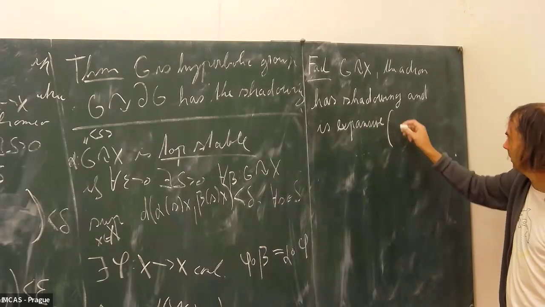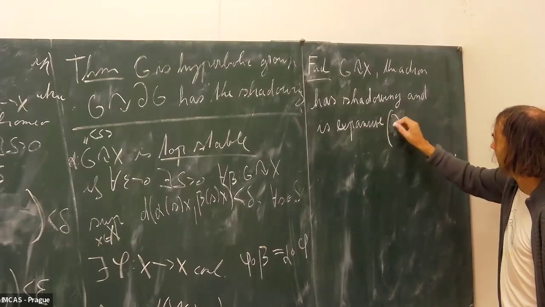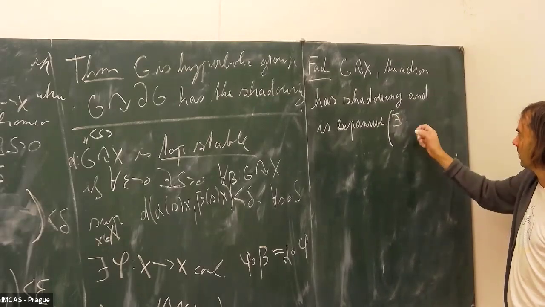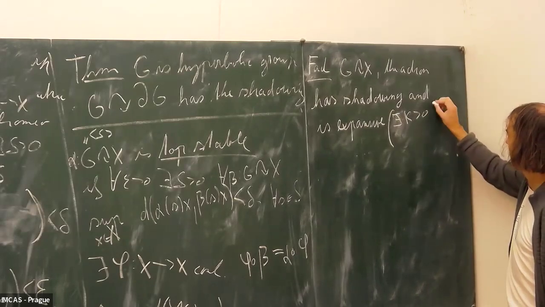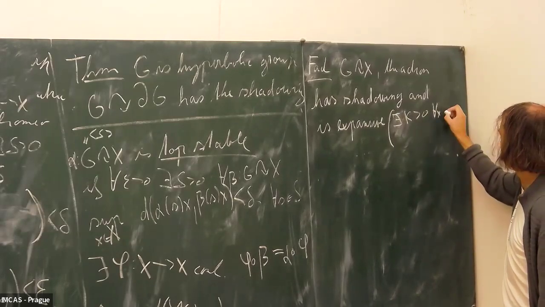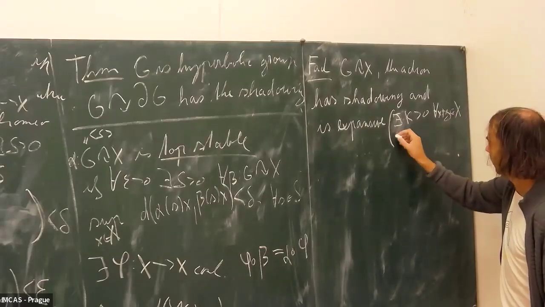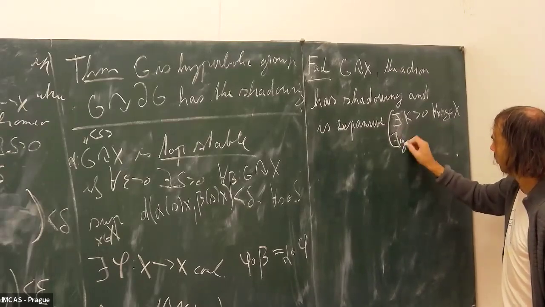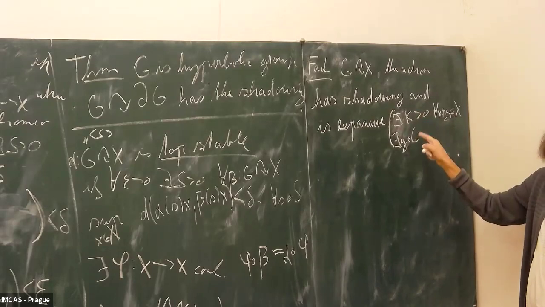So what is expansive? When we take 2 different points, there exists some uniform constant, say k, so that whenever you take 2 different points x and y, you can find some group element g which moves them k apart.